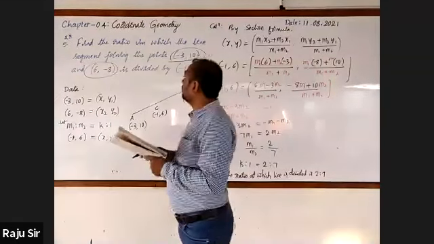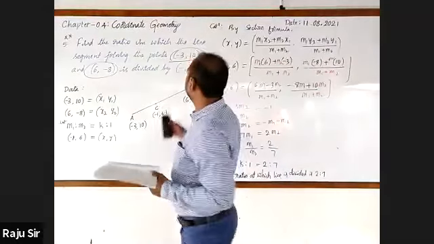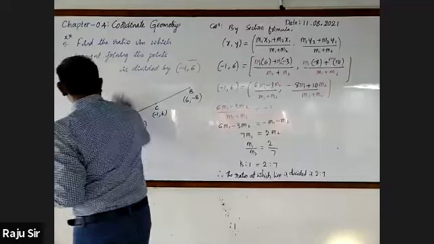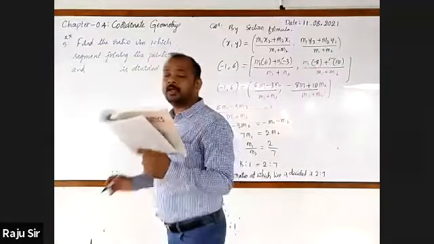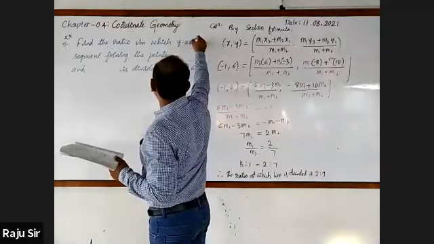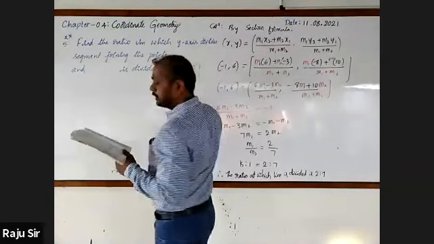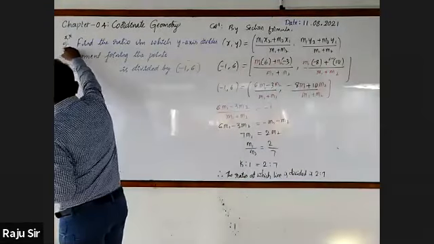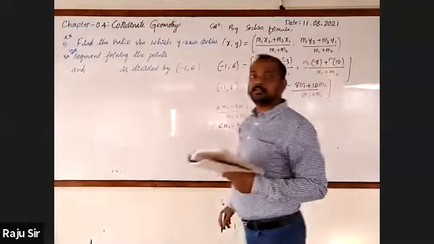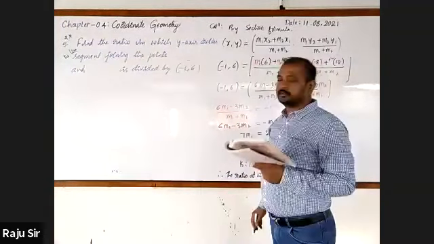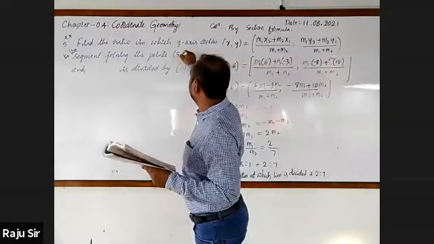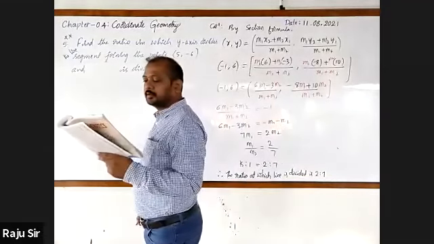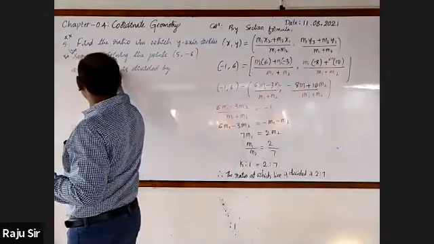Find the ratio in which the y-axis divides the line segment joining the points 5 comma minus 6 and minus 1 comma minus 4.